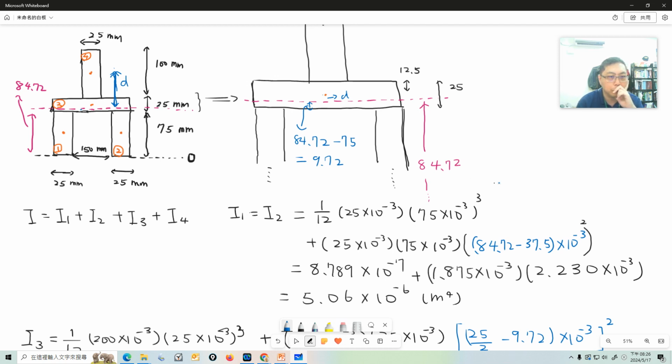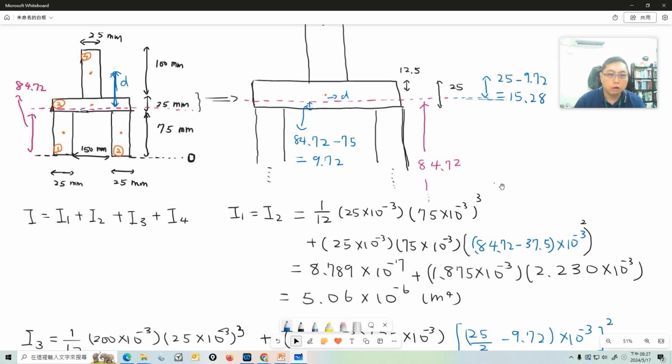What's the value of 25 minus 9.72? It's 15.28.